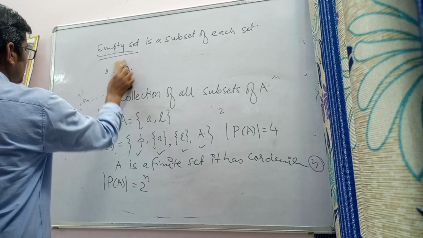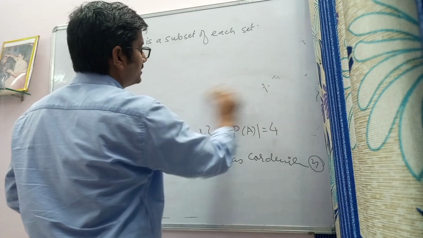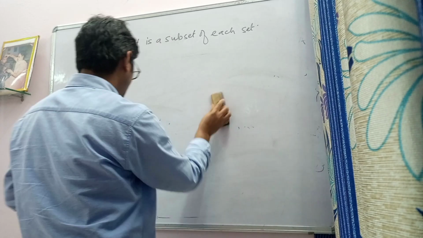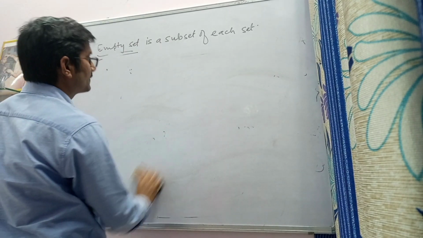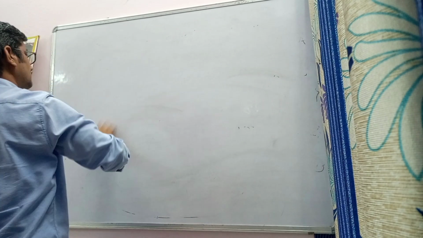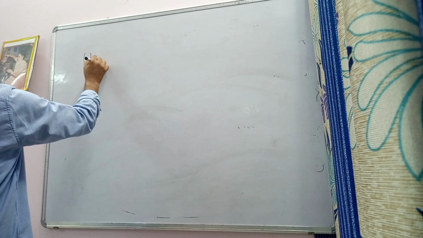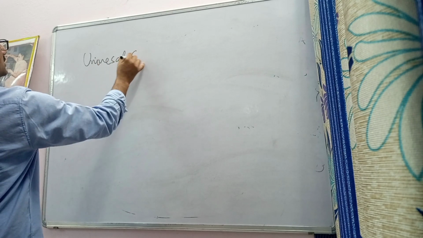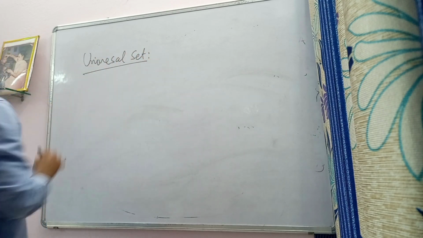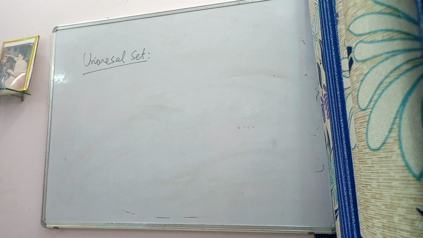Next we will discuss the universal set and then the Venn diagram. Universal set: in a particular problem, if all the sets we deal with become subsets of a fixed set, then this fixed set is called the universal set.